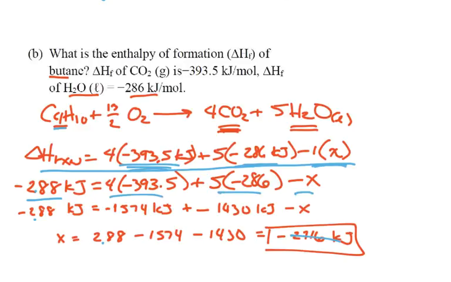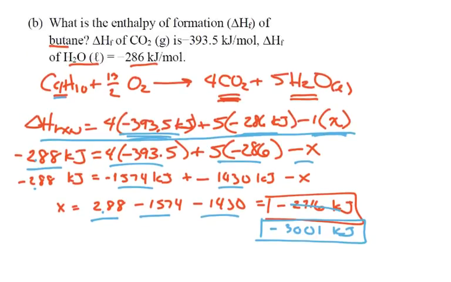If I want X by itself, I add X to both sides and subtract 2.88 from each side. So 2.88 minus 1574 minus 1430, so I get a value of negative 3001 kilojoules. And I would say that is the enthalpy of formation of butane.